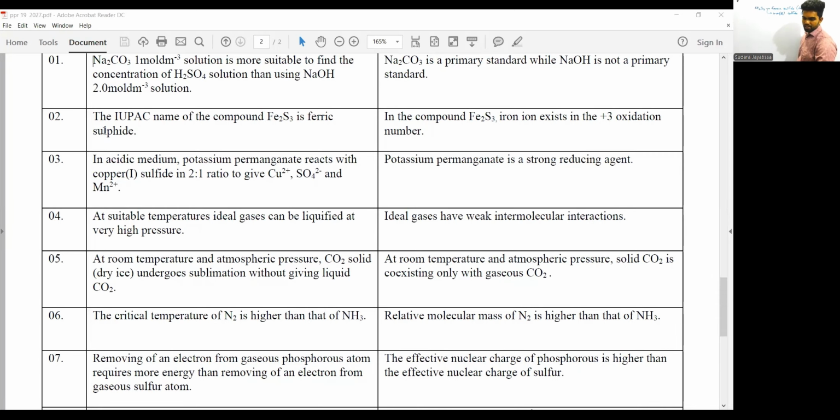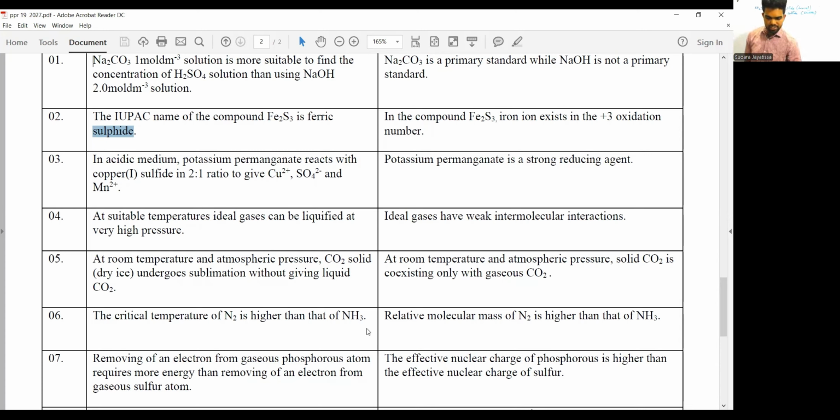How can you see? The way that they spelled sulfide is also wrong. How should you write the name? S-U-L-F, sulfide. F should be used. Sulfide with PH is also correct in general, but for the nomenclature, you have to use F. Remember that point.